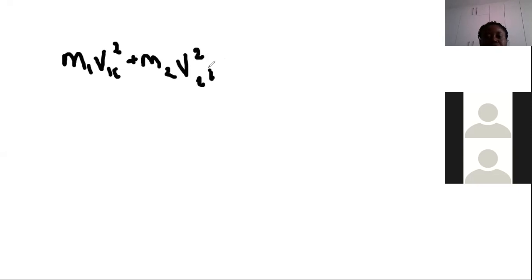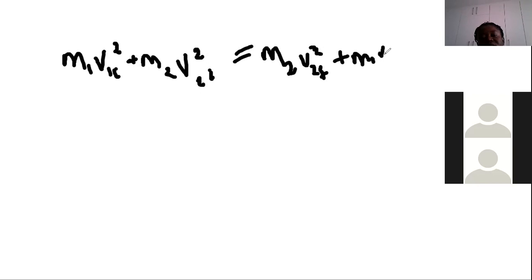The initial terms equal m1 v1 final squared plus m2 v2 final squared after the collision. From here we group the ones that have the same mass, so m1 goes with m1 and m2 goes with m2.